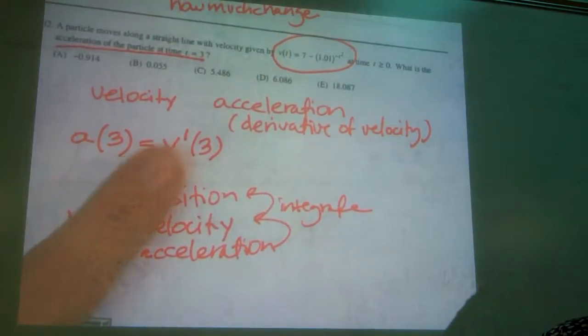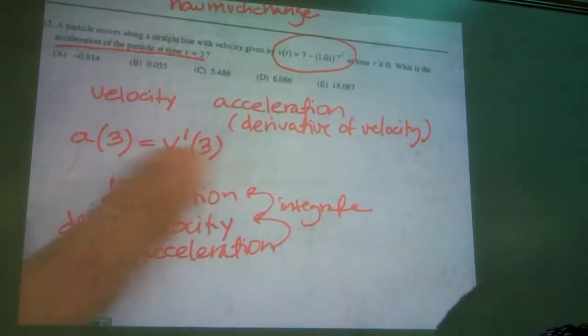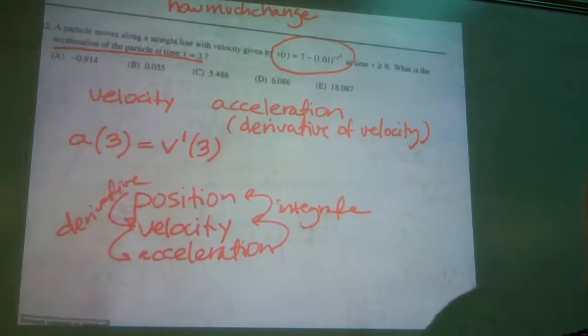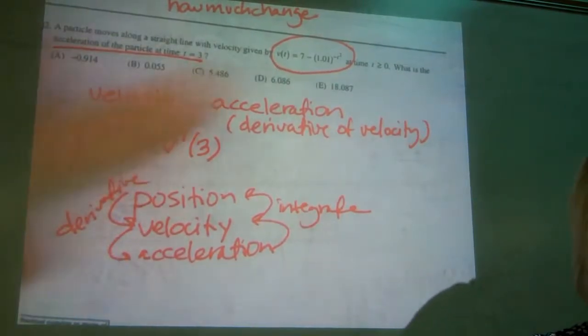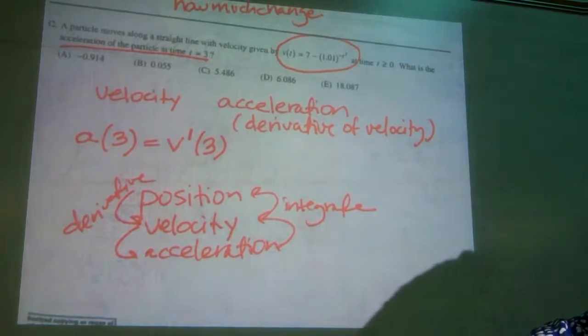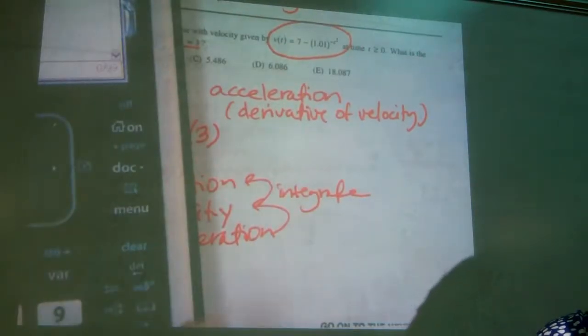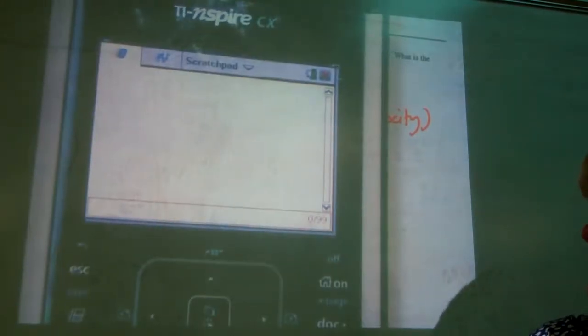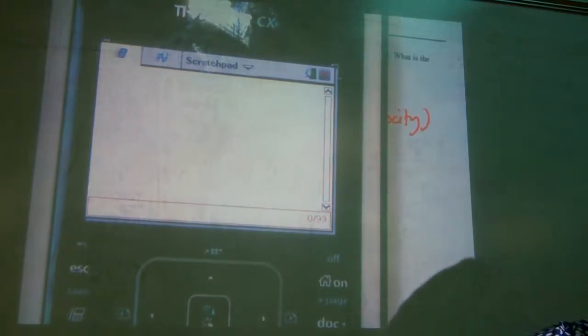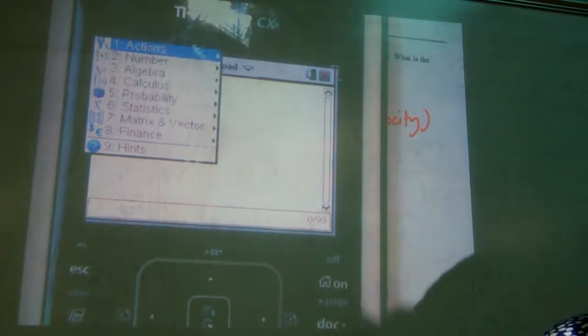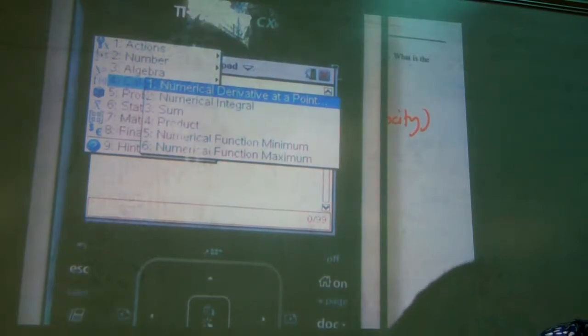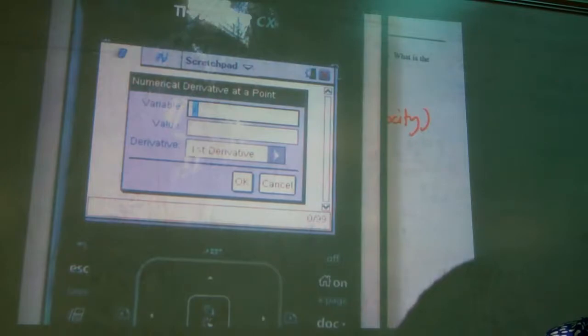So I can do this in my calculator. You can calculate a numerical derivative. That's what we call this when you want to plug a number into a derivative. You can do that in your calculator from your calculator screen here. We press menu, and then we go to calculus, and we're doing the numerical derivative at a point. Our variable, I'll just leave x.